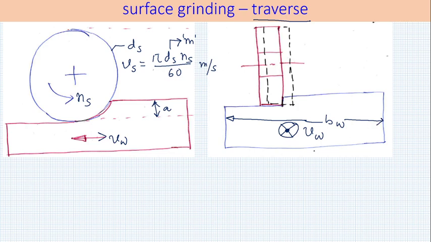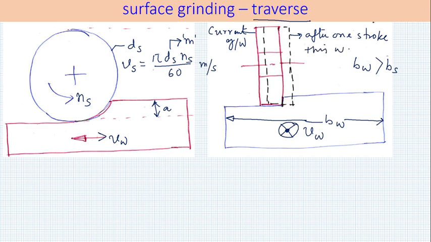Because BW is much larger than BS and it is not groove grinding, this is the current position of the grinding wheel, and after one stroke this would be the position of the grinding wheel.